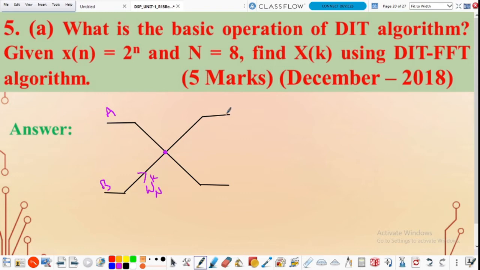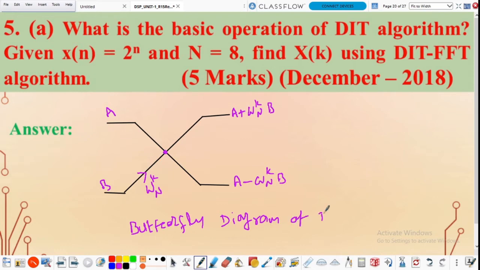One output is determined as A plus W_N power k into B, and the other output is determined as A minus W_N power k into B. So this is the butterfly diagram of the decimation in time FFT algorithm.